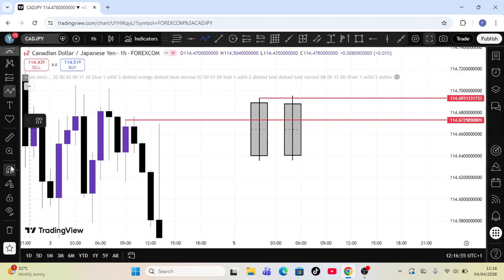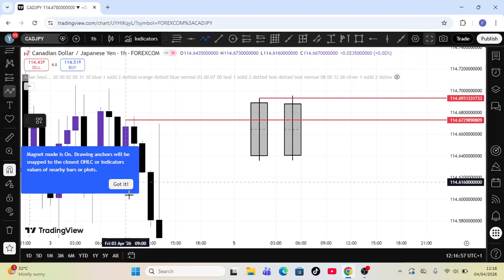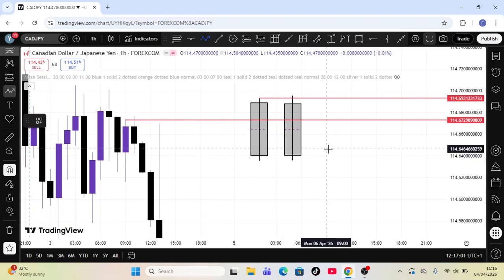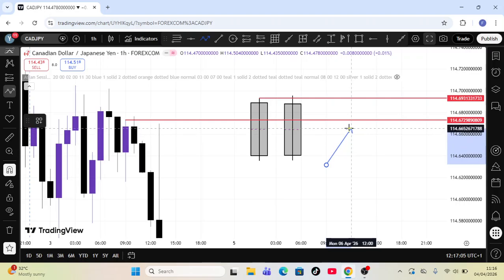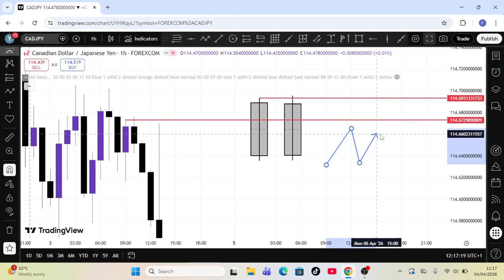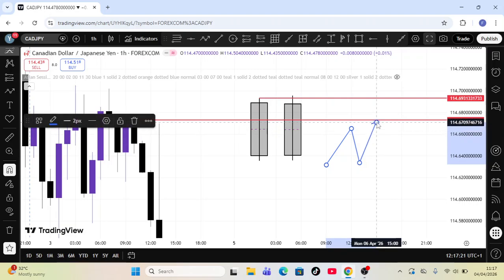When you go to your lower time frame, let's say this is the sweep.